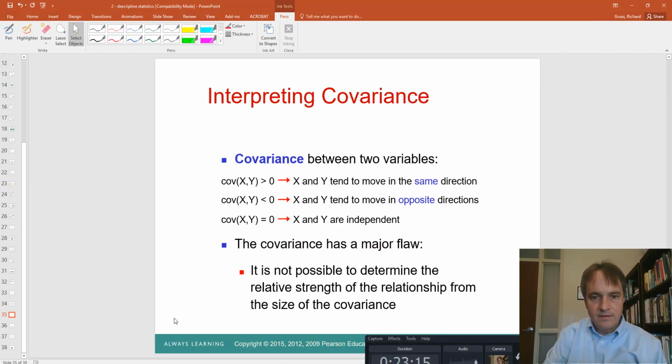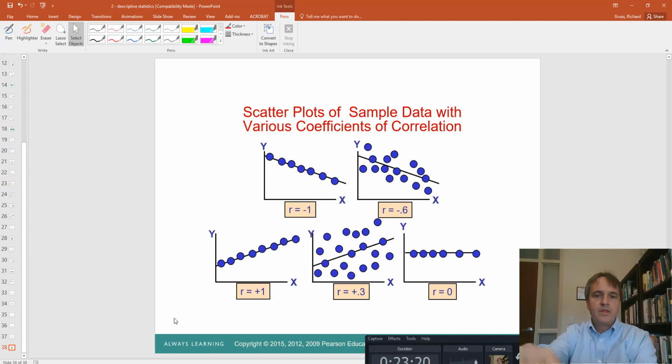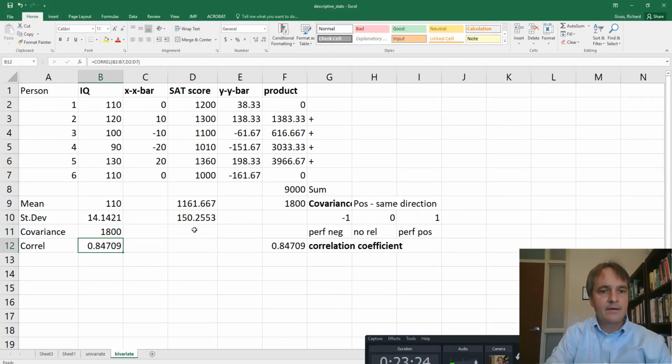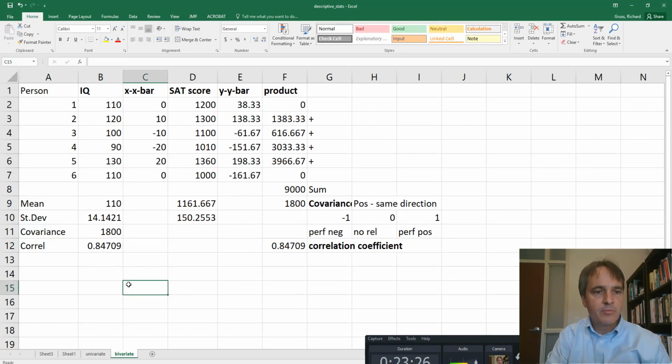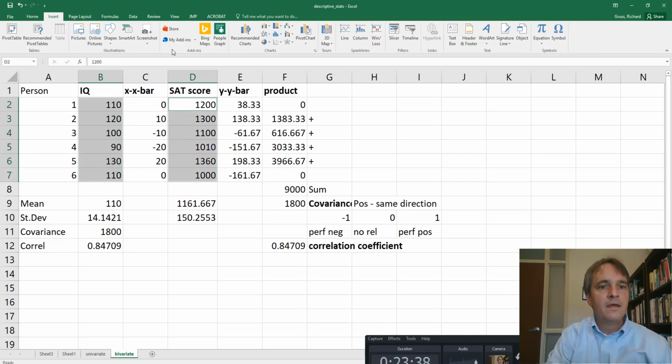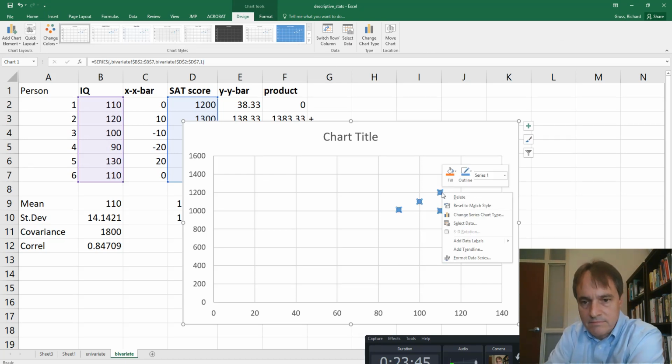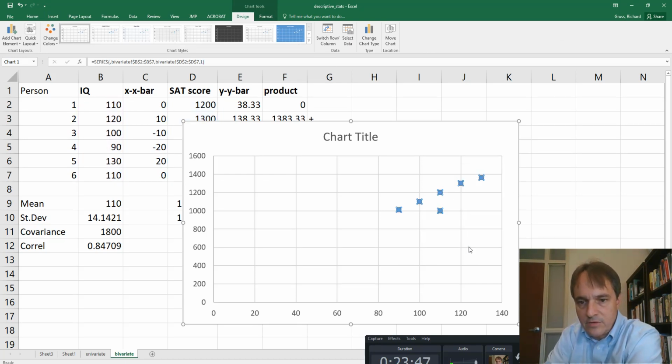Taking a look at the slides then, if we were to make a scatter plot of these two variables, this range and then this range, and go ahead and do a scatter of them, we can just add a trend line real quick.